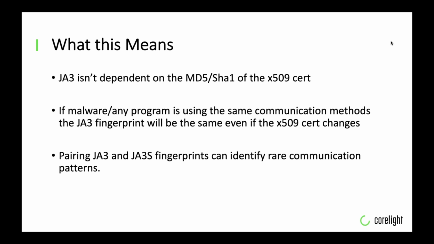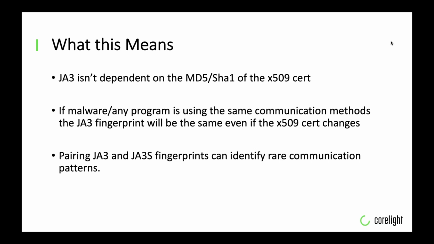So JA3 isn't dependent on the MD5 hash or the SHA-1 hash of the X509 cert itself. If you visit sites like abuse.ch, they have a running blacklist of bad SSL certificates, known to be used in malware or botnets.